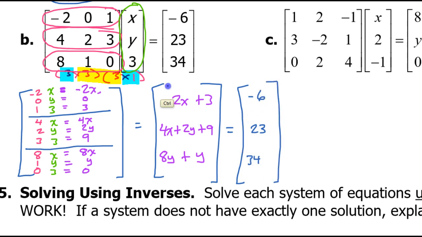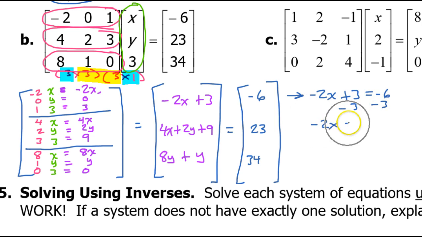Okay, so take the first little equation for example. This gives me the small equation of negative 2x plus 3 equals negative 6. Subtracting 3 from both sides, I have negative 2x is equal to negative 9.